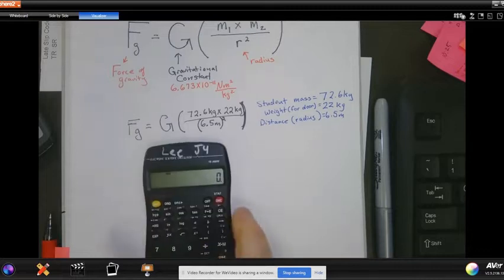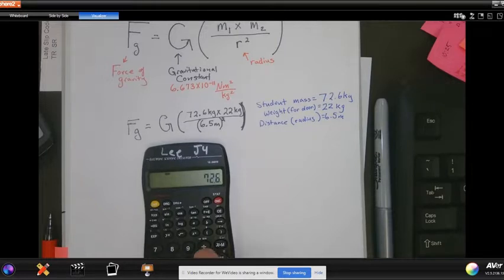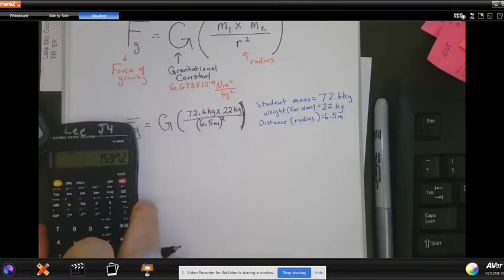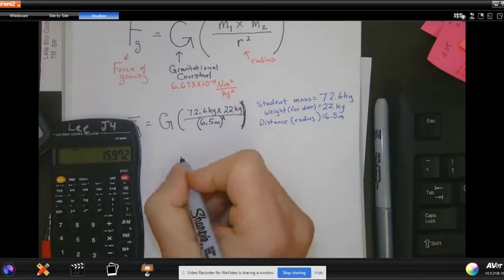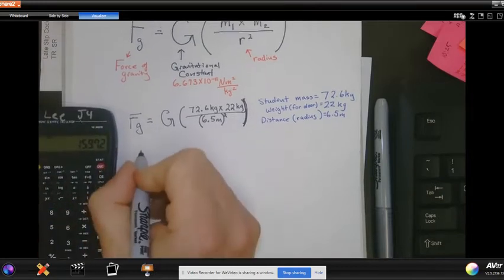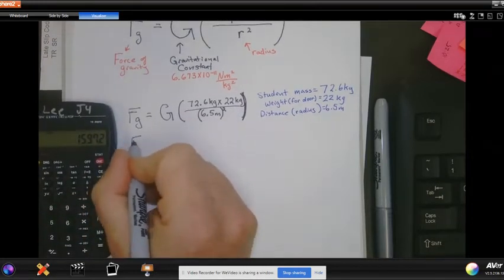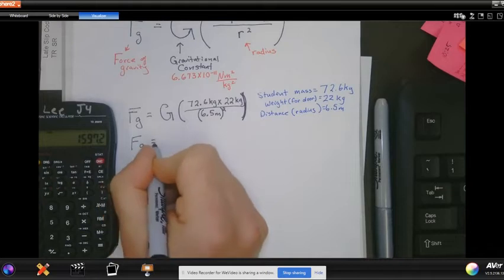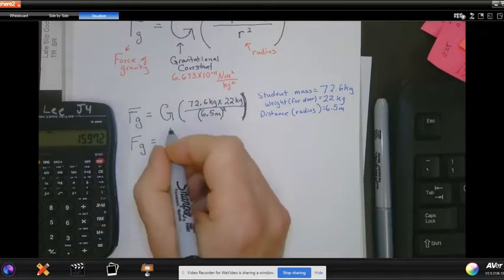I'm going to take my calculator and I'm going to say 72.6 times 22 equals 1,597.2. So I'm going to write this whole formula again. Force of gravity equals gravitational constant.